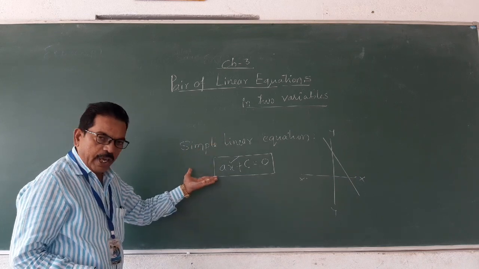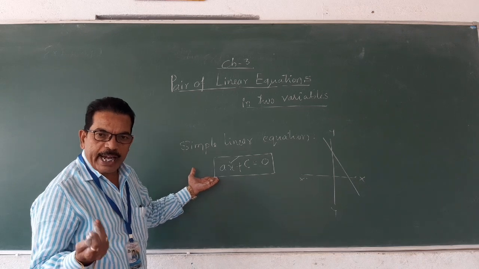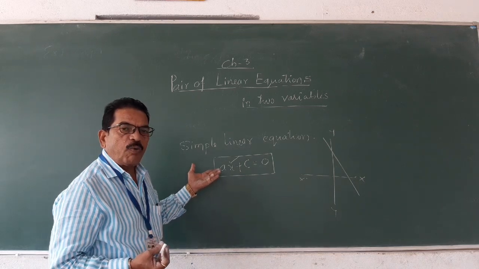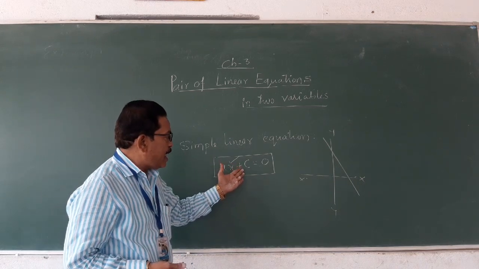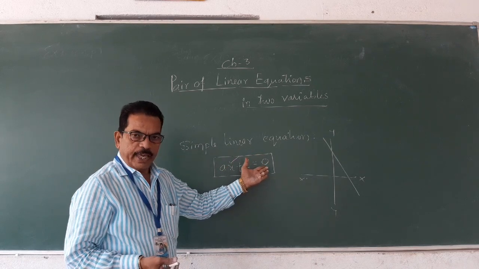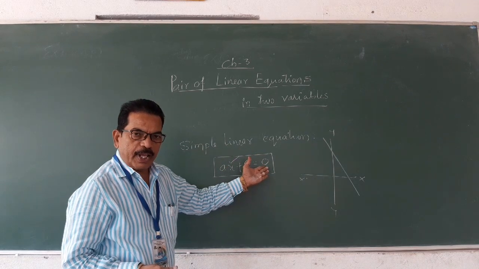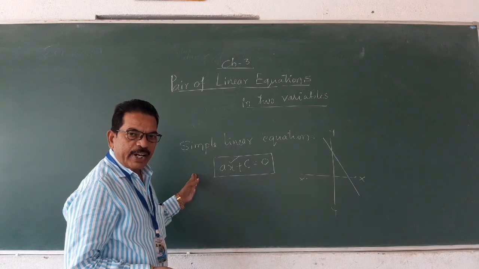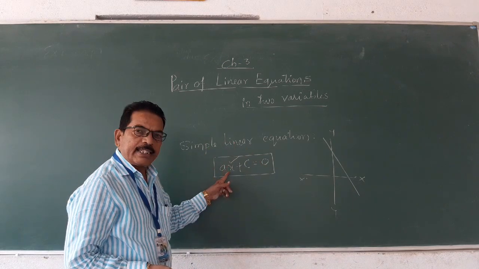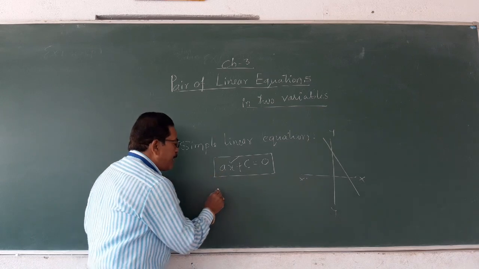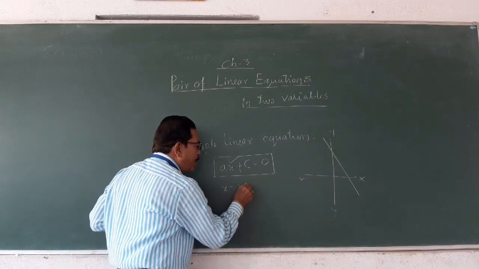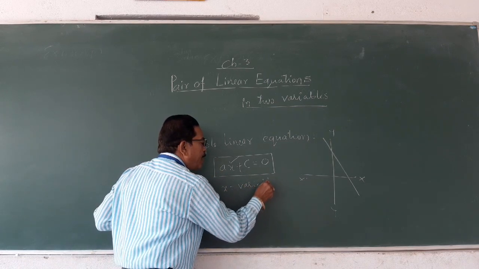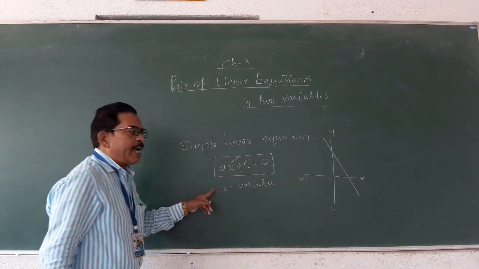In a different way, we can write the definition as the equation of the form ax plus c equals to 0, where a is a given real number and x is a variable. What is the degree of the x?